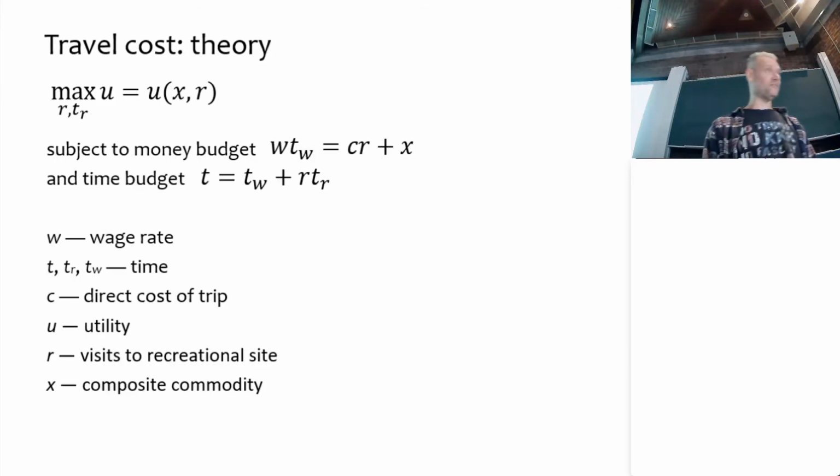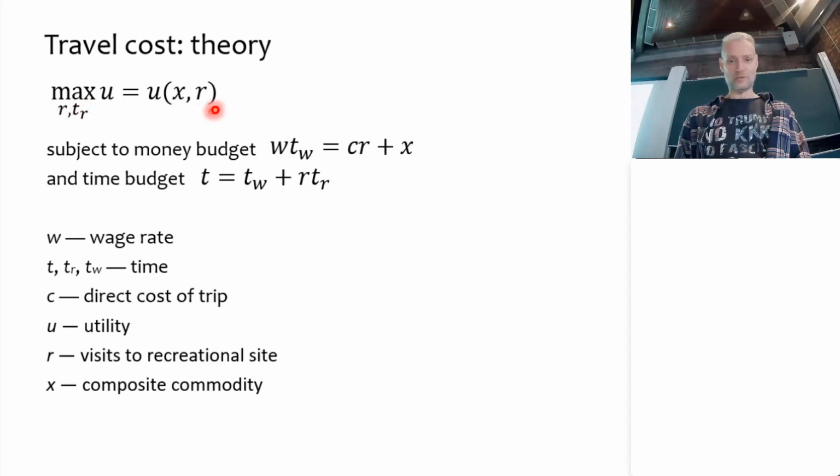So how does this work in theory? We have an economic agent who wants to maximize her utility, that's the U, by choosing visits to a recreational site and spending time on that, right?